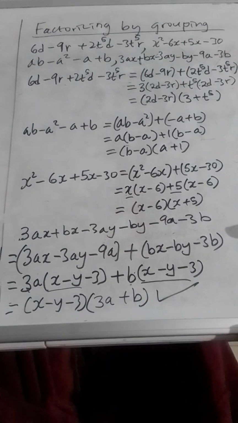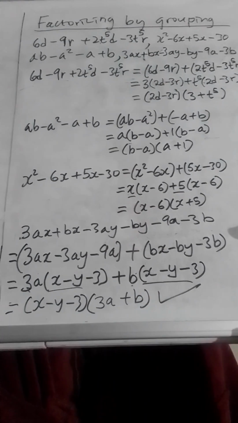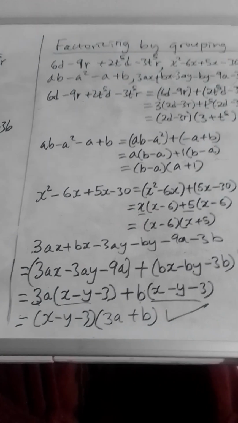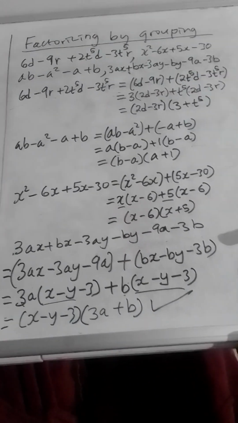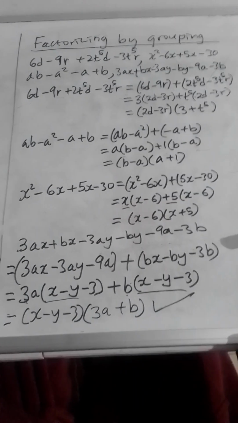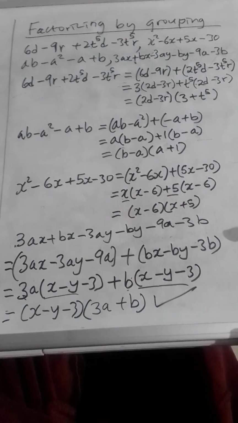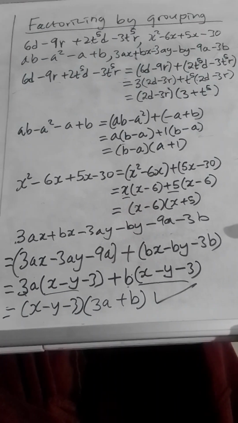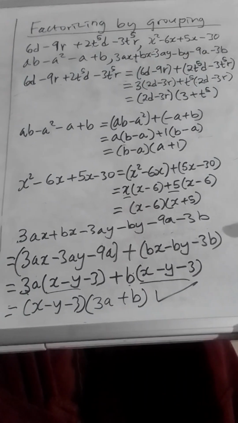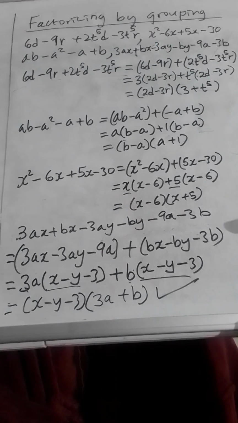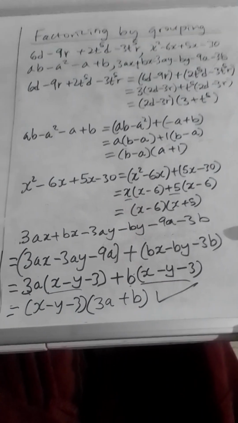We group in doubles or in pairs if the number of terms is a multiple of 2 or it's even. And we group in triples if the number of terms is not even, but it's a multiple of 3. So 3, 6, 9, 12, 15, 18, 21, 24, 27, and so on and so forth.